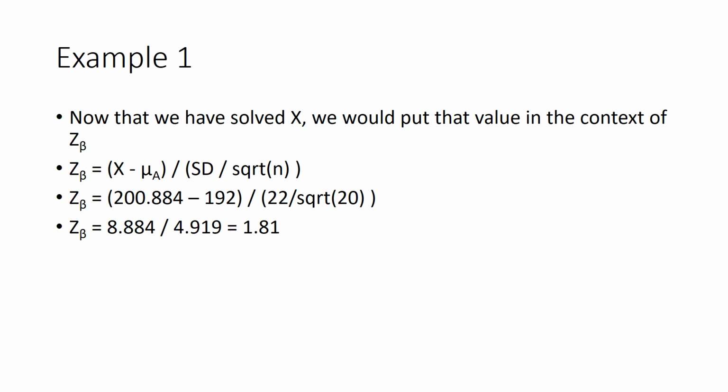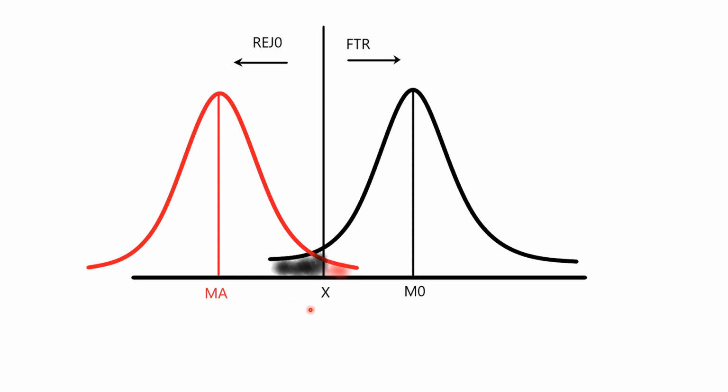You should be asking, so this is our x bar here, or 200.88. Anything below this, we reject the null, and anything above it, we fail to reject the null.